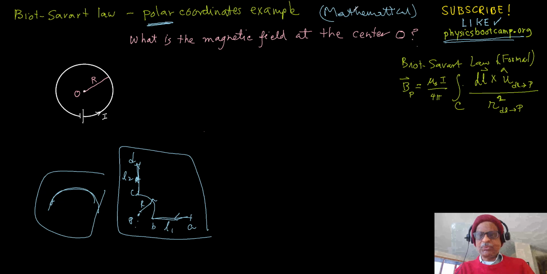There's no other way to apply this law. But there are ways to guess the answer without using this, because there's so much symmetry in the situation. But I'm going to just say, let's try to see how we can mathematically apply this law. All right. So if you know how to do it, go ahead and do the work and then come back and see what I've done.